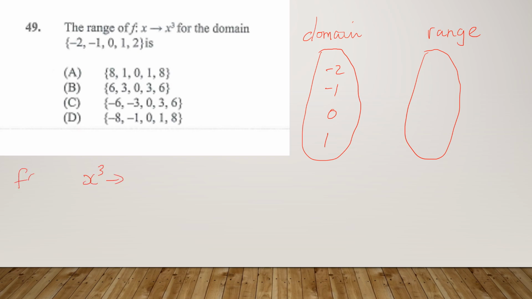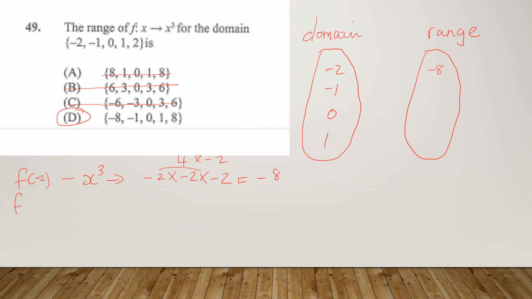When x is -2, we're going to get -2 times -2 times -2. So here it's going to give us a +4 times a -2, which is going to give me a -8. So that's my first value. We might not have to do all. So for sure that eliminates A, C, and B. So our answer is D. We don't have to go any further, but let's just check.